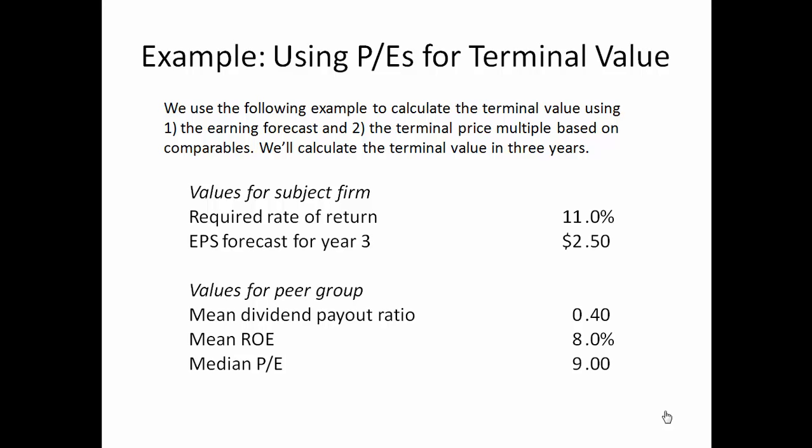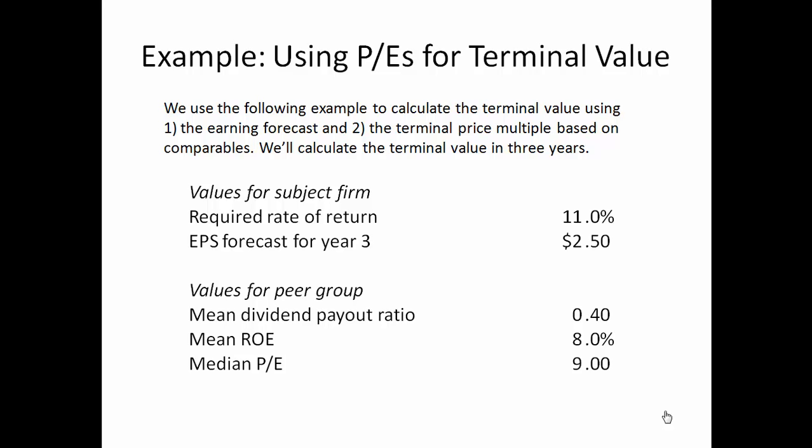For the firm that we want to value, the required rate of return is 11%, and the EPS, earnings per share, forecast for year 3 is $2.50. And we draw some ratios from the peer group.